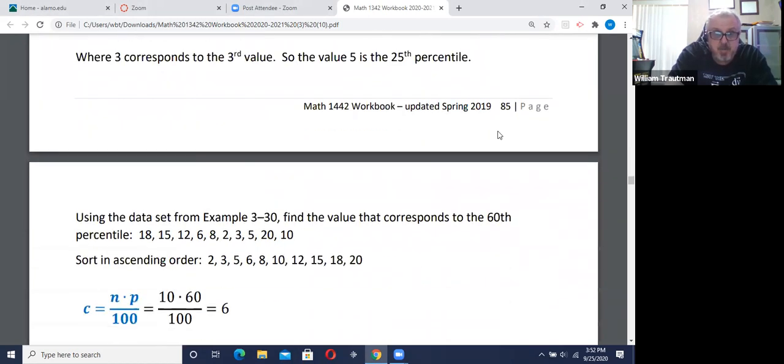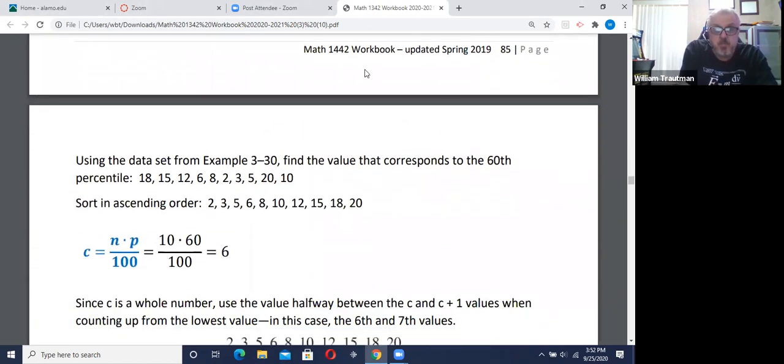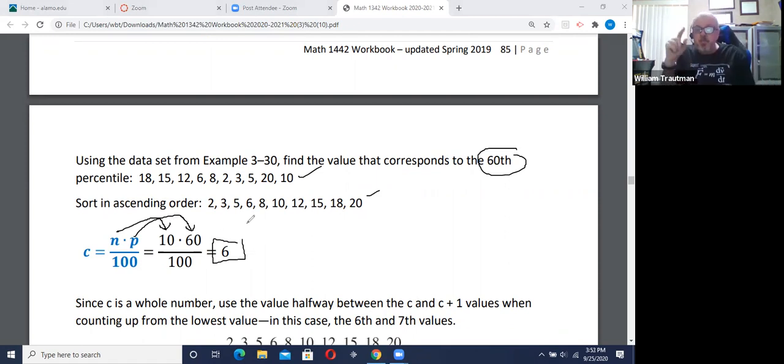In the next problem, here's our data. We put it in order. We want to find the 60th percentile. Percentile is 60, and there's 10 pieces of data. We get 6. Now remember what it said when you got 6. Since C is a whole number, because we didn't get a decimal, we go between C and C plus 1.